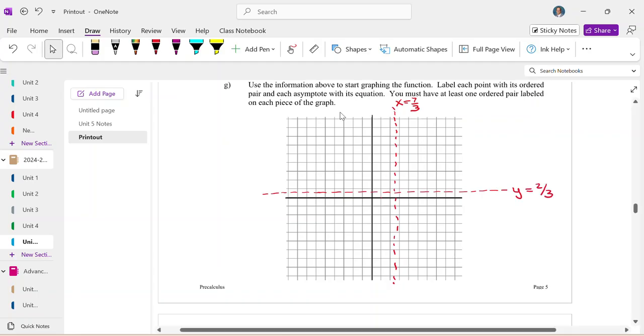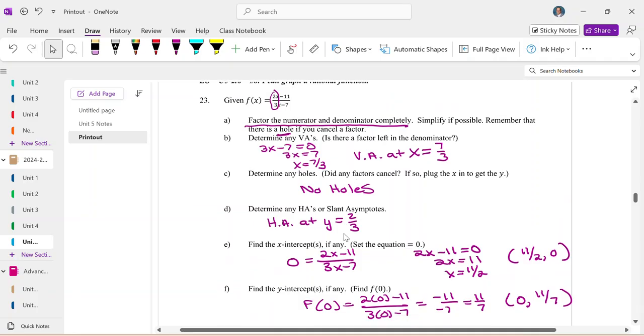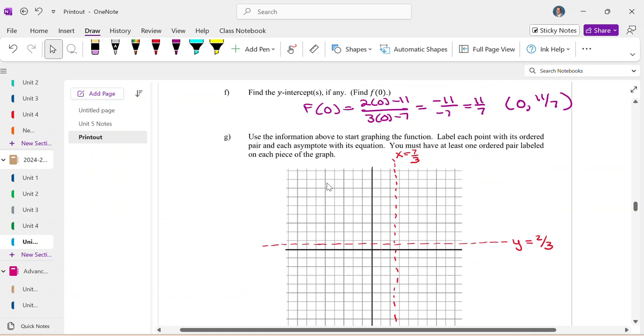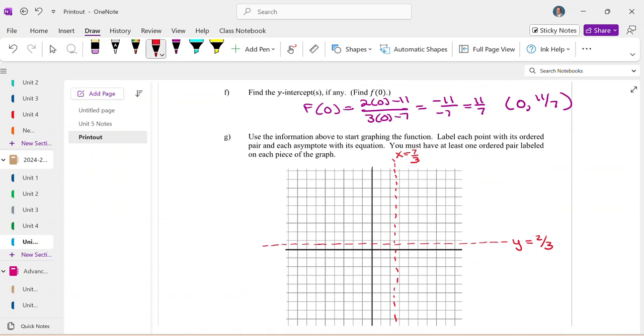And then the x-intercept is 11/2, 0, so basically 5 1/2. So 2, 3, 4, 5 1/2, 0. And the y-intercept is 0, 11/7. So it's about 1 4/7. So it's about right there.